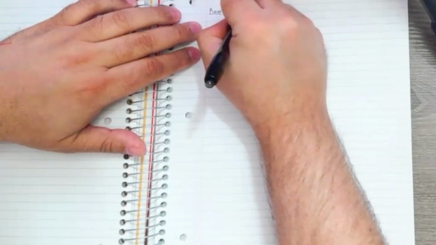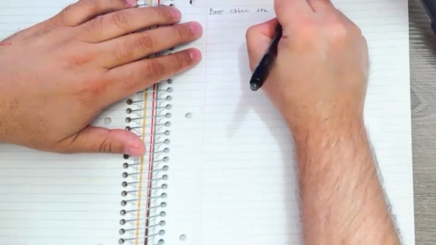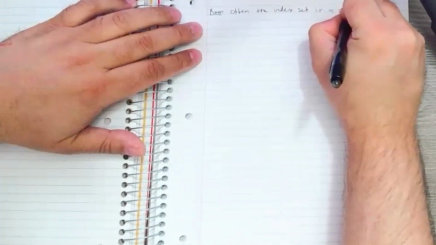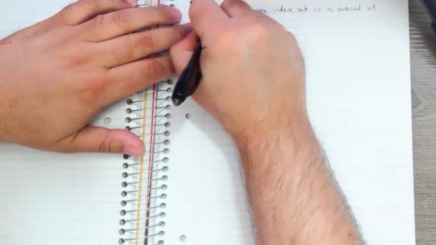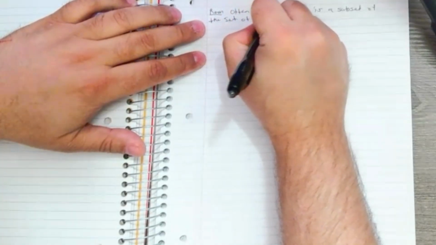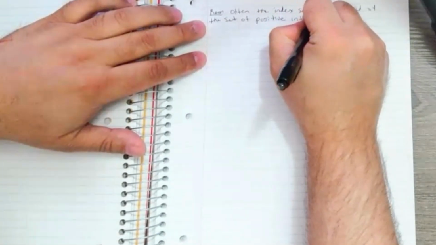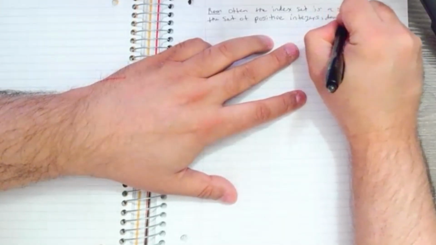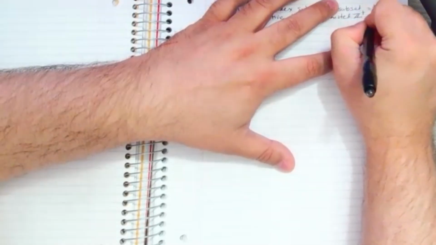So often the index set is a subset of the set of positive integers, which is denoted Z superscript plus.